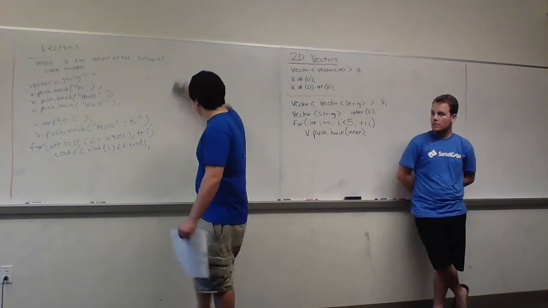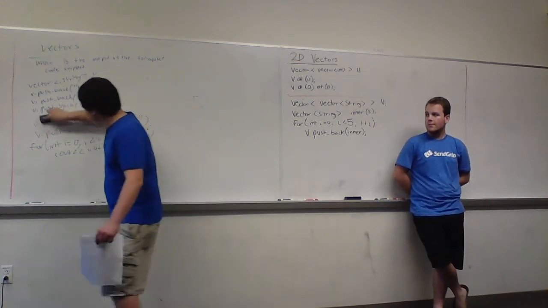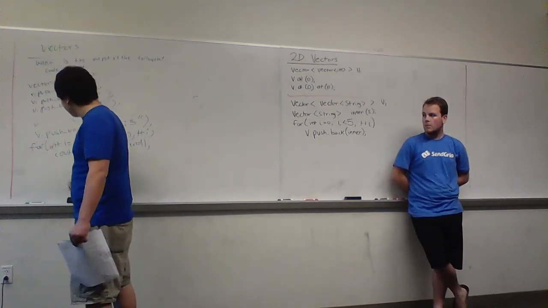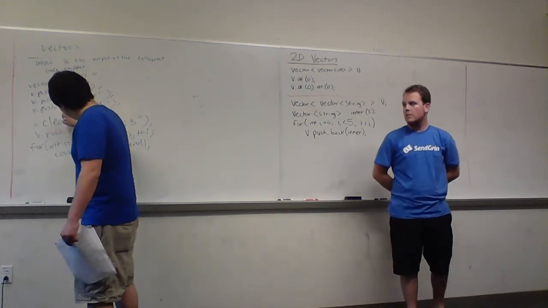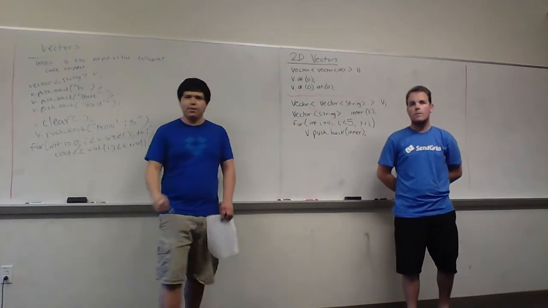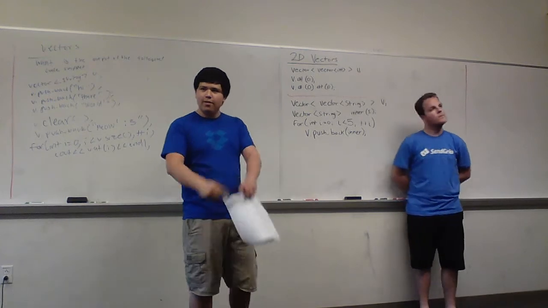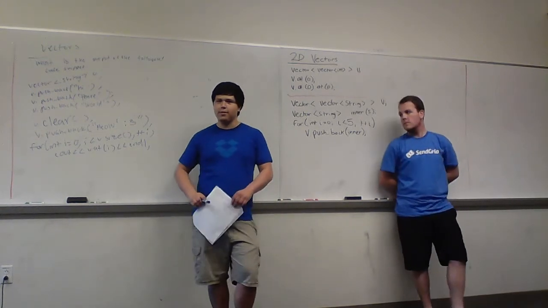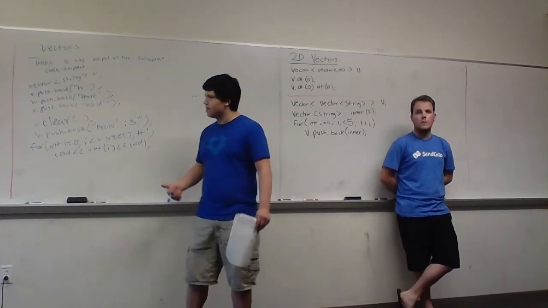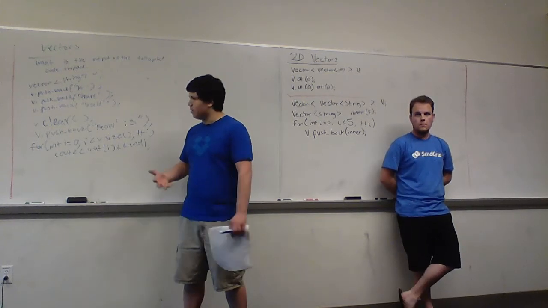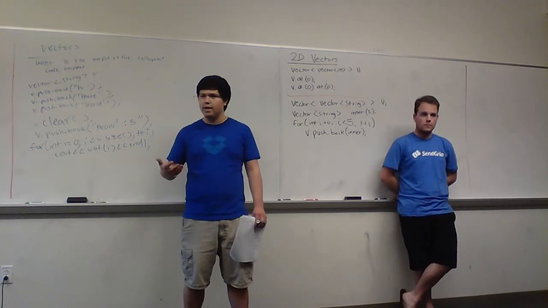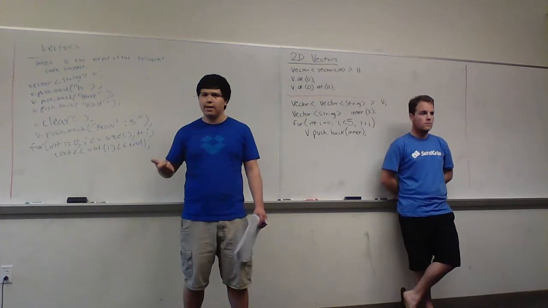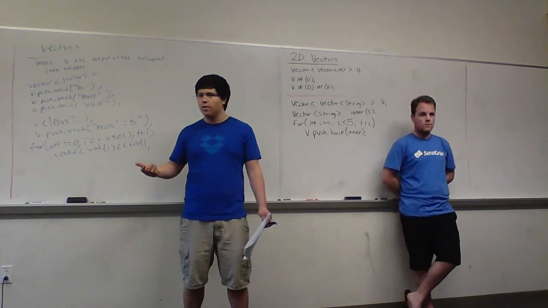Okay, so what if I have this? What is the output of this code snippet? Yeah, just meow. This is the function that I guess you were looking for. Empty just is a check. It's a predicate saying, hey, are you empty?